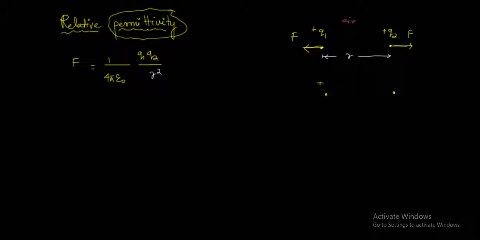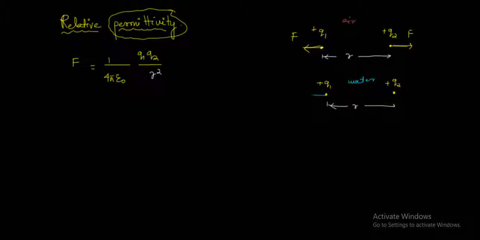Now, if the same two charges are placed in water, the distance between them is the same, only the medium changes. Now the force of repulsion between the two charges will somehow reduce.